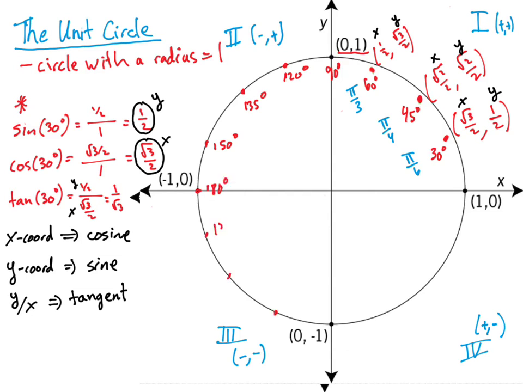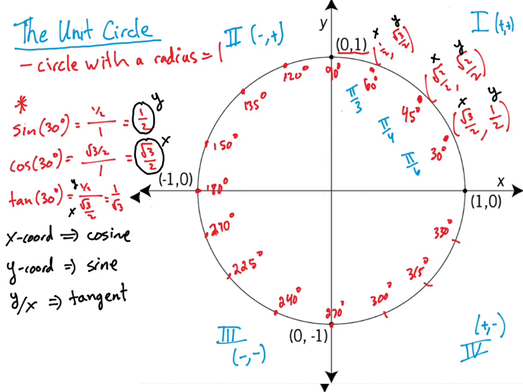Continuing on, we have 210, 225, 240 degrees. Down here it's 270 degrees. And then going on, 300 degrees, 315 degrees, and 330 degrees.